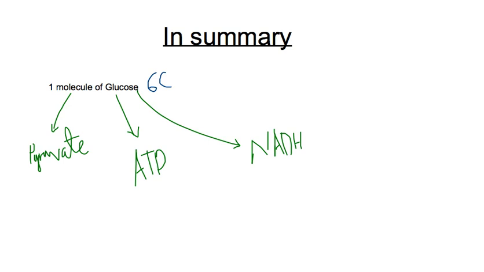This process happens twice. So we have 2 pyruvate, 4 ATP, and 2 NADH.